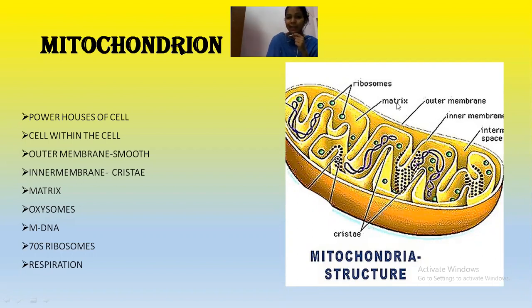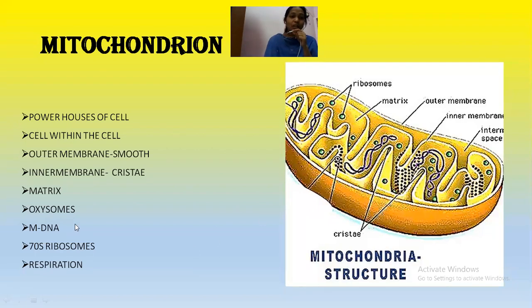This is called the matrix of mitochondria. And these round-shaped particles are called oxysomes, also called F0F1 particles. These are also known as ATP synthase, as they are associated with ATP formation. This is the structure of mitochondria.